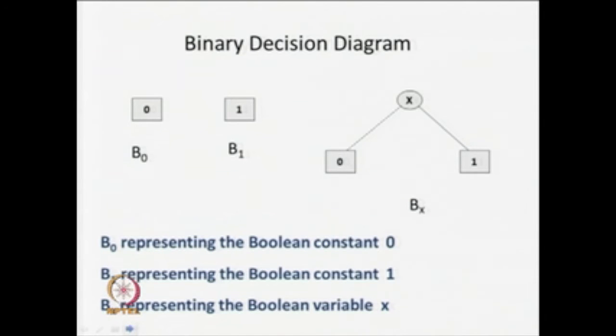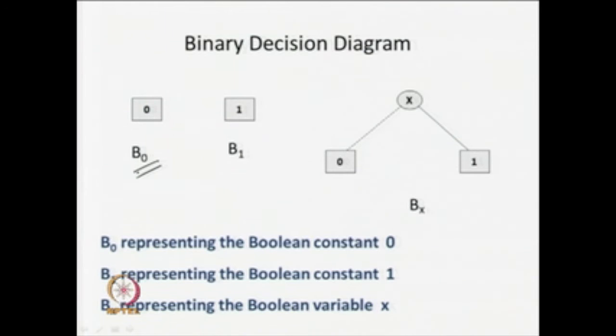Now, what is the primitive of our BDD, primitive BDD or primitive binary decision diagram. So, in this particular case, we are going to get 3 primitive binary decision diagrams, and with the help of these 3 primitive binary decision diagrams, we are going to construct the binary decision diagram of any given Boolean function. So, this is your B0, it is a terminal node labeled by 0, it says that the Boolean value is equal to 0.